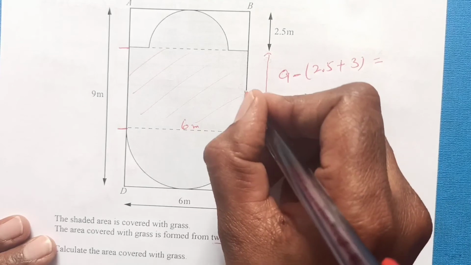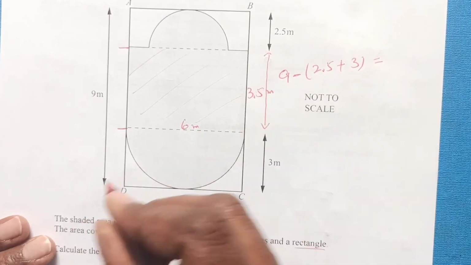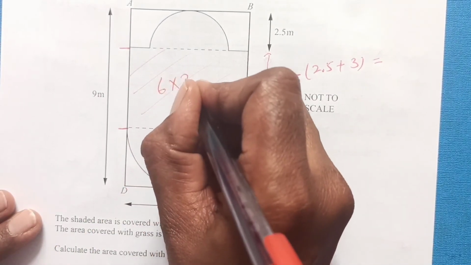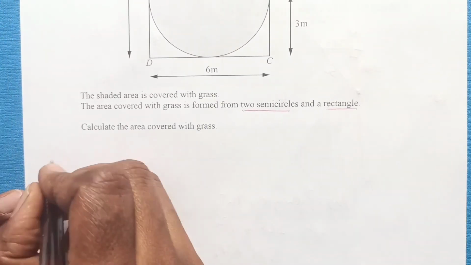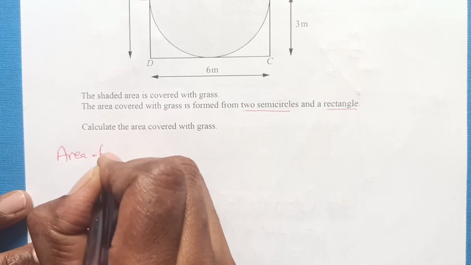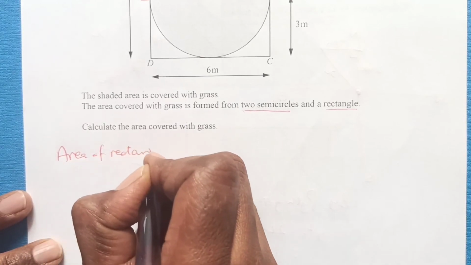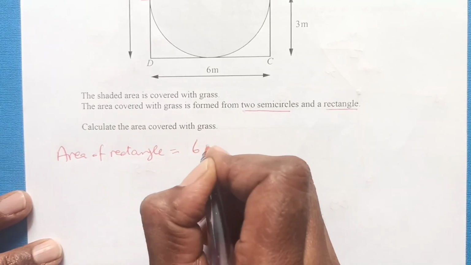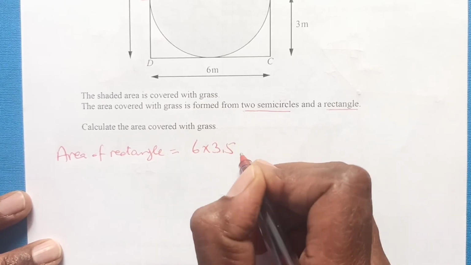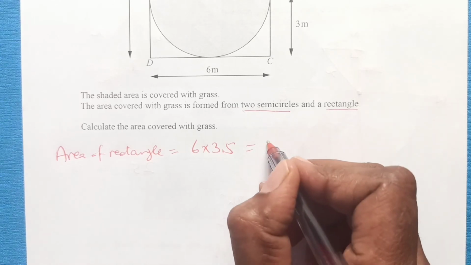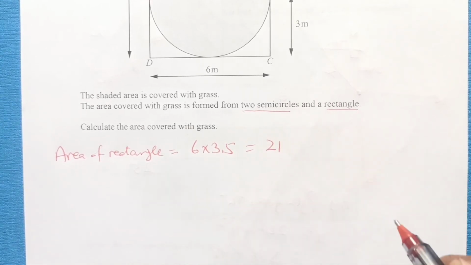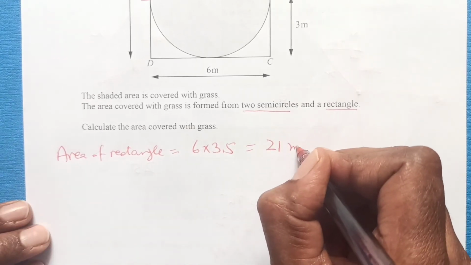So this is 3.5 meters. So the area of the rectangle is 6 times 3.5, which is 21 meter squared, right?